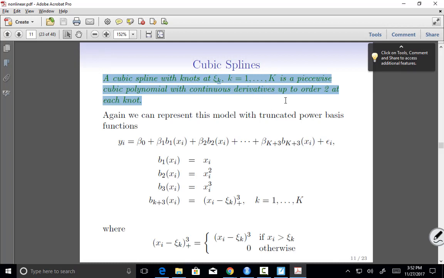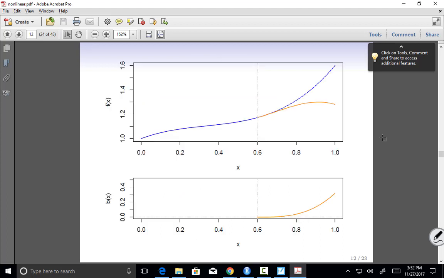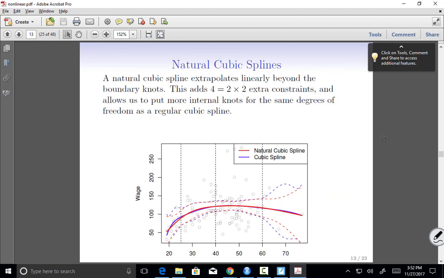And specifically, we need second differentiability, or differentiable twice, for cubic splines. Again, the math behind cubic splines and splines and spline bases and stuff like that is beyond the scope of our class. But you don't have to know the math to be able to use it in practice.